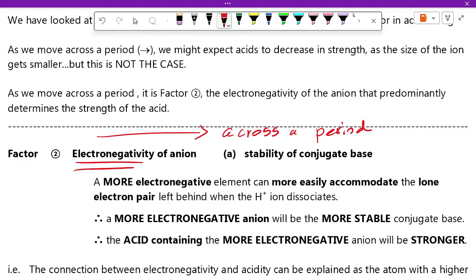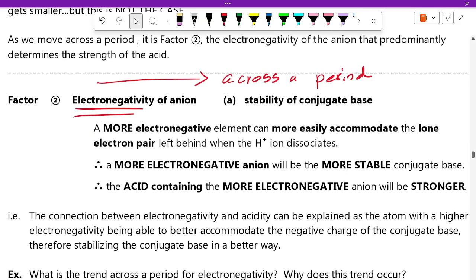The more electronegative element can more easily accommodate the lone electron pair compared with the less electronegative element to the left of it. Yes. Didn't I say there's 4 factors, but they all come back to the stability of the conjugate base? Okay? They all come back to that.